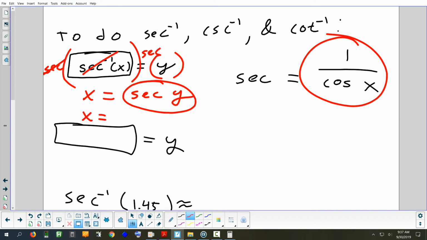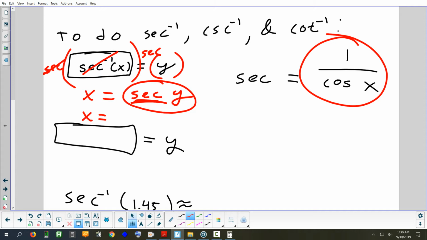Adam, you see how we could rewrite secant from last week? Do you remember what secant is? Like if we wanted to type secant into the calculator, we had to type in something, because we don't have a button for secant. 1 divided by what? Not secant, but cosine. Secant is 1 divided by cosine. So now rewrite that the way we learned last week.